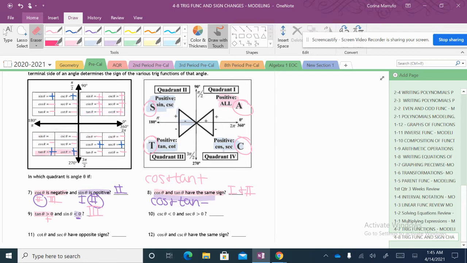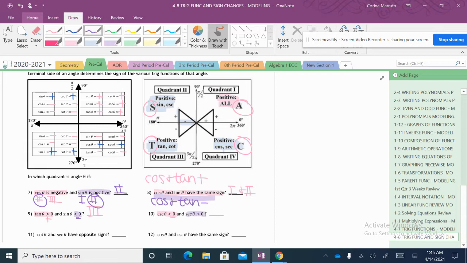Okay, so let me erase what I just did for this problem. Moving on to the next one, we're looking for when cosecant of theta is less than 0. Again, when we say cosecant of theta is less than 0, it's a fancy way of saying that cosecant is negative, because all the numbers less than 0 are negative. And then we're looking for when secant is greater than 0.